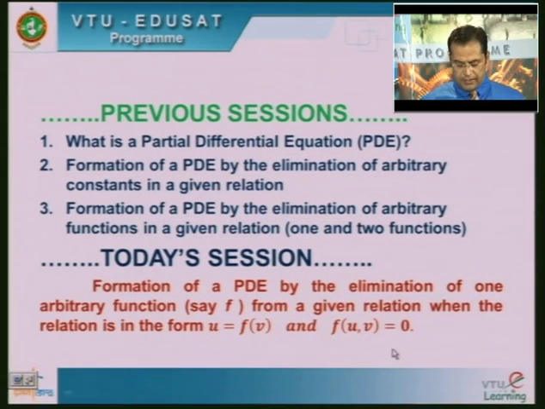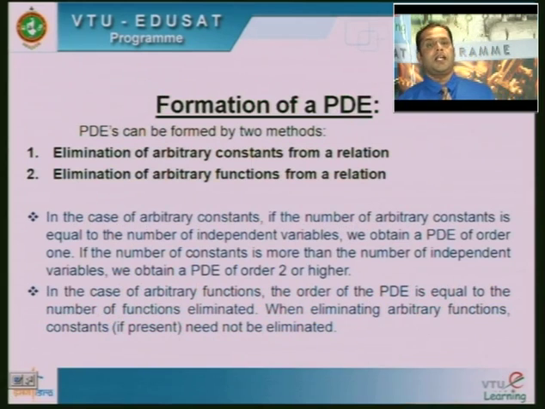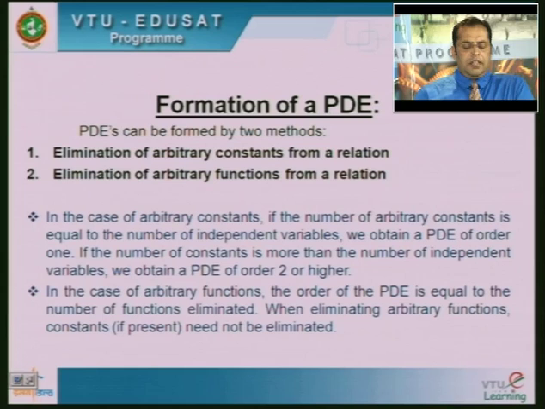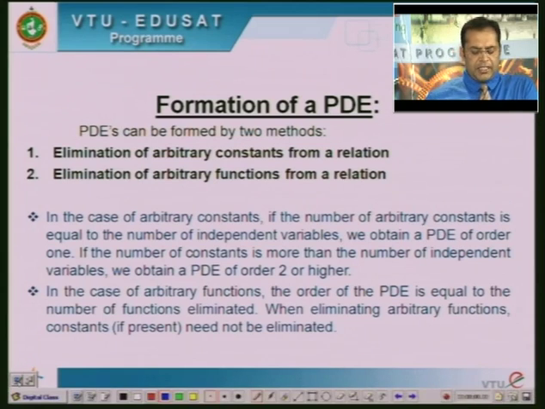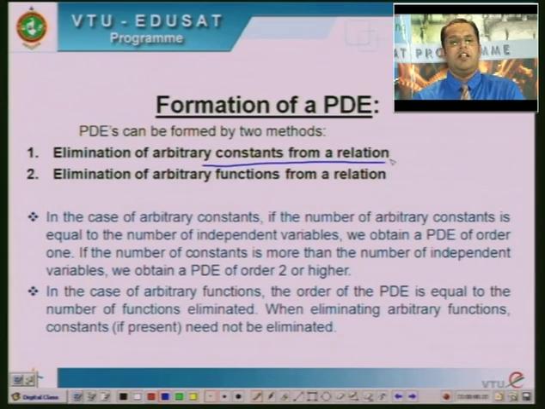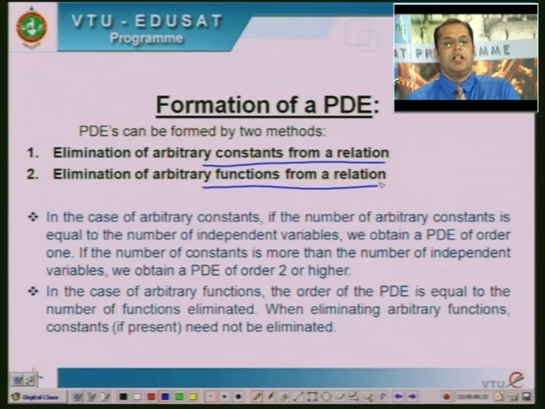Now, let us recollect the following from our earlier sessions. As you know, friends, partial differential equations can be formed by 2 methods. One, by the elimination of arbitrary constants from a given relation, and the second, by the elimination of arbitrary functions from a given relation.